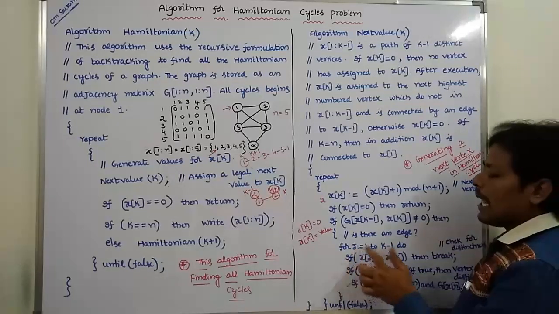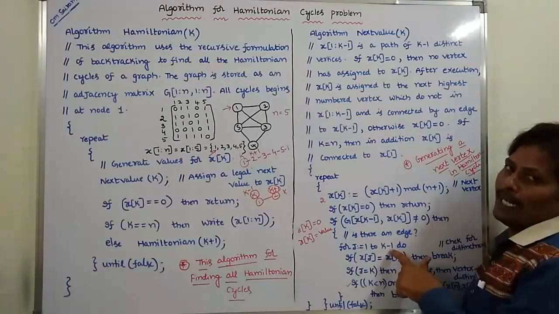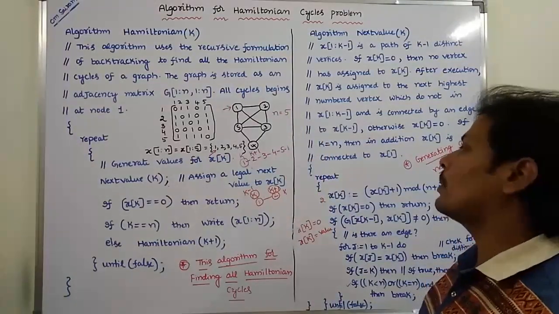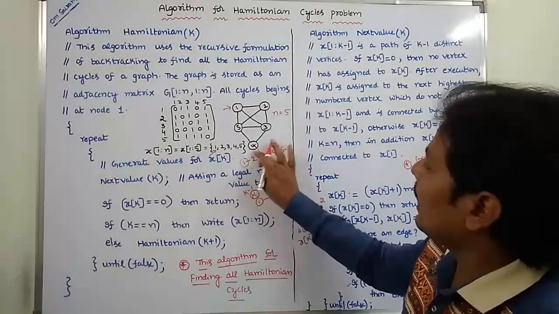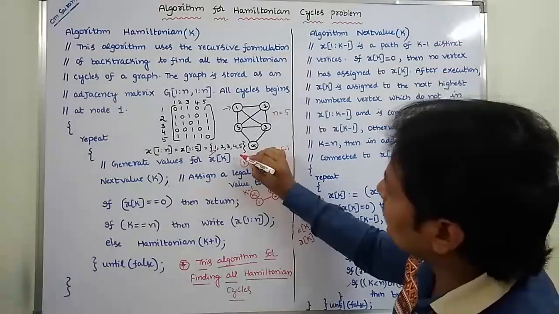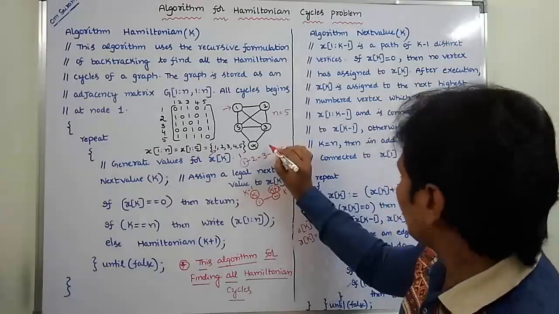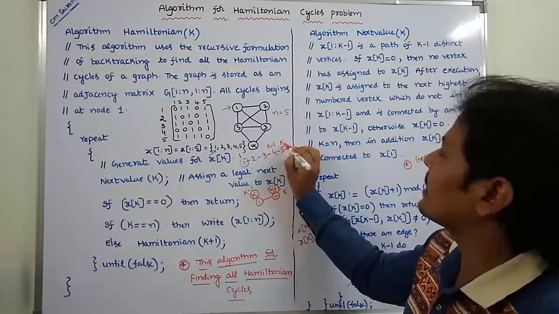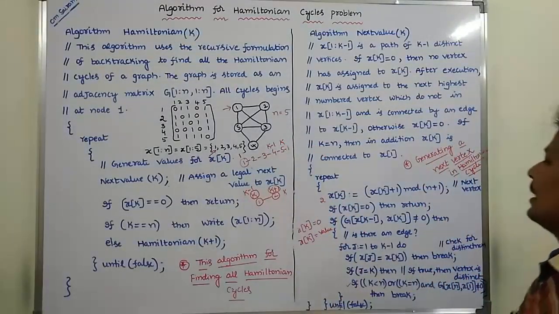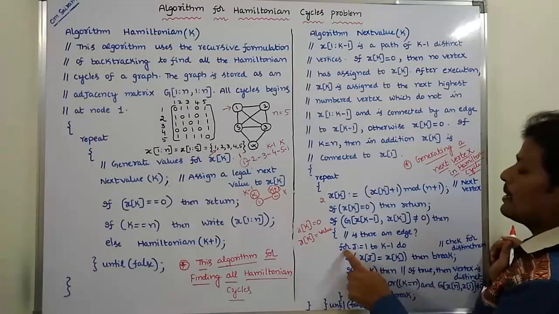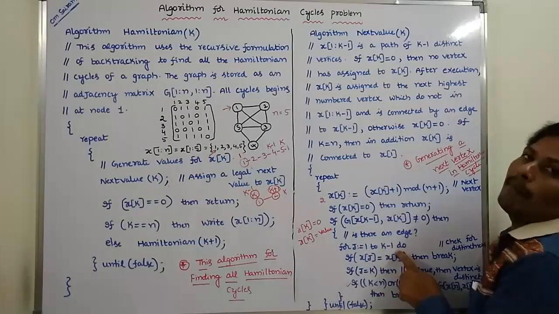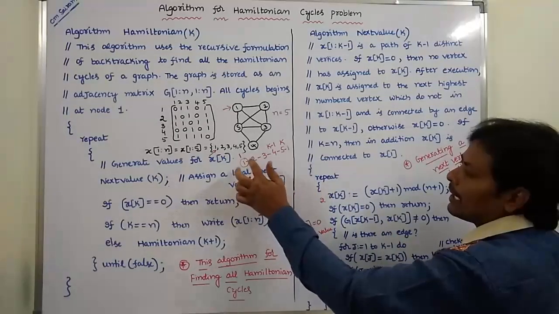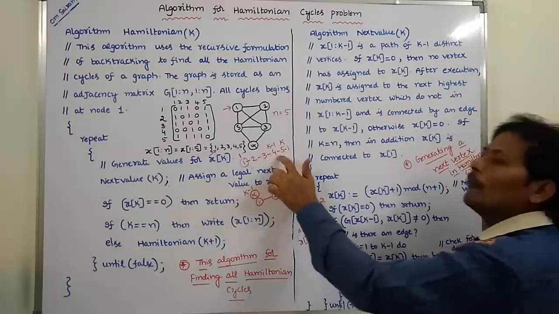Begin. For j is equal to 1 to k minus 1. For example, this process continues. The k value started with 1. This is the k minus 1 value and this is the k value. Now we have to check for j is equal to 1 to k minus 1, where k is incremented from 1 up to 4.